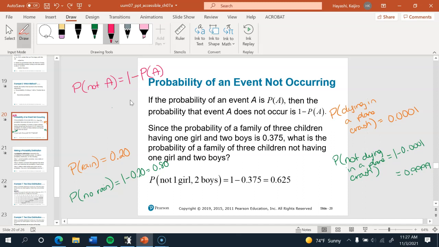What's the probability of a family of 3 children not having 1 girl and 2 boys?